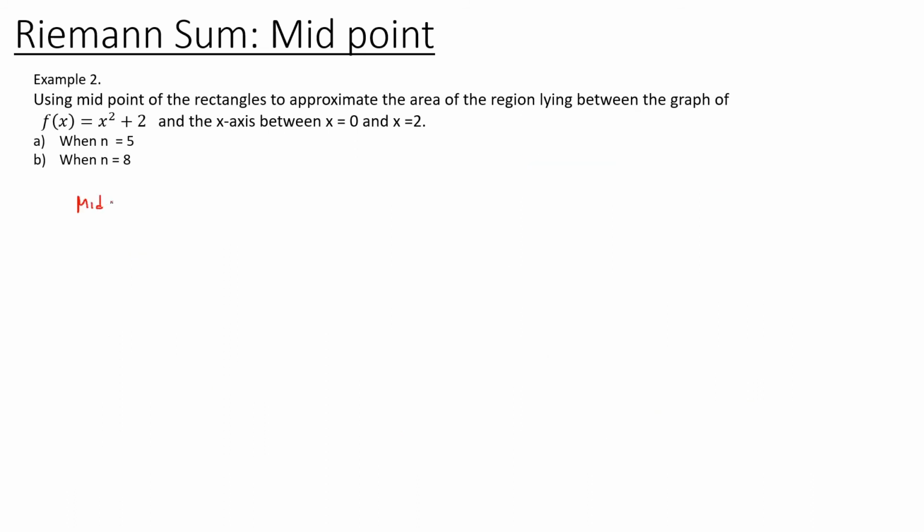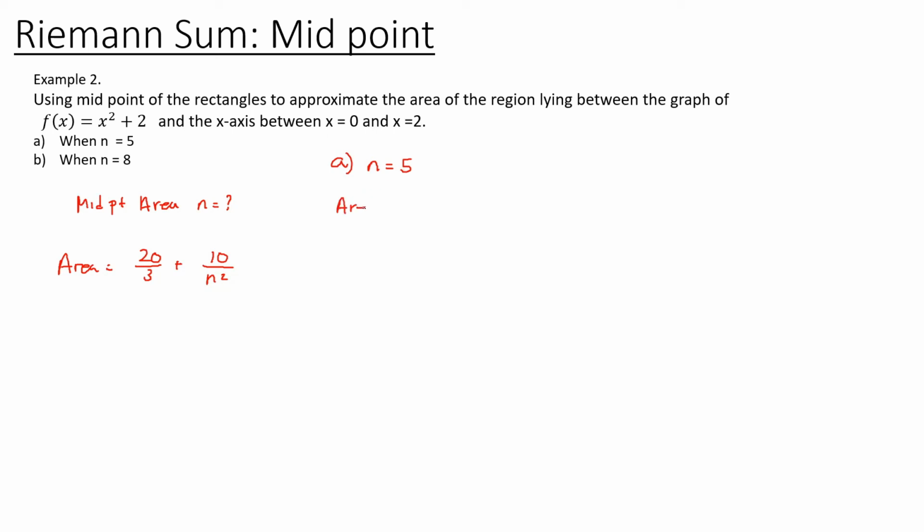So we said the midpoint area for n equal to a question mark was 20 over 3 plus 10 over n squared. So now we just have to solve for it. For part A, they're asking you to solve for when n is equal to 5.